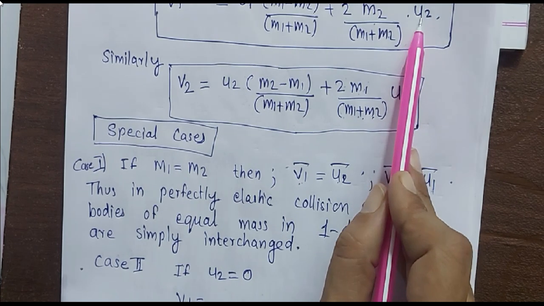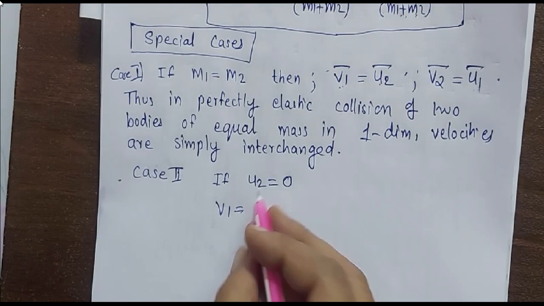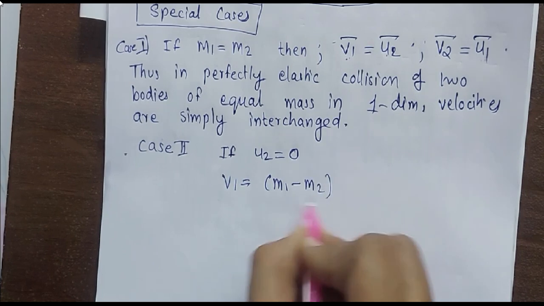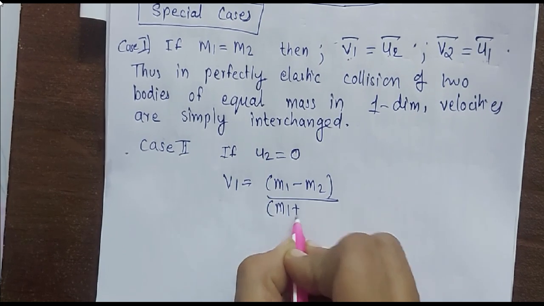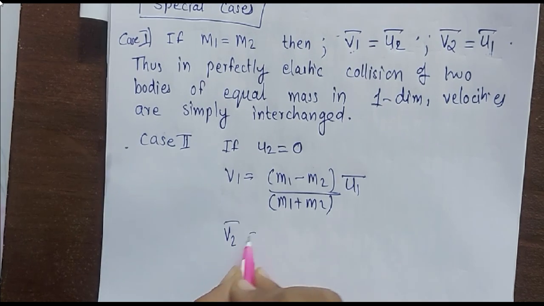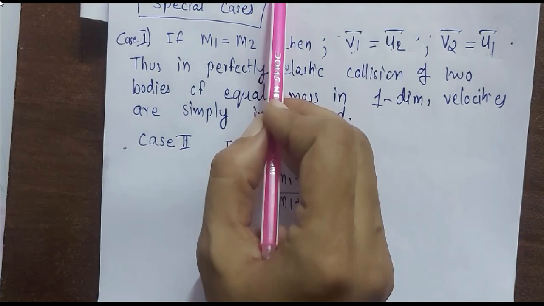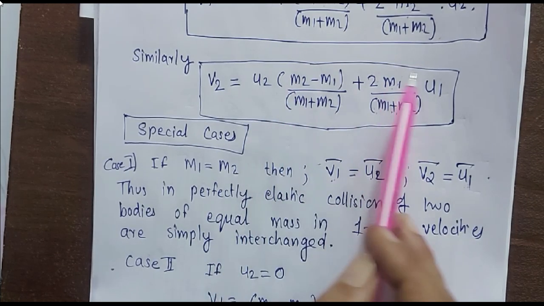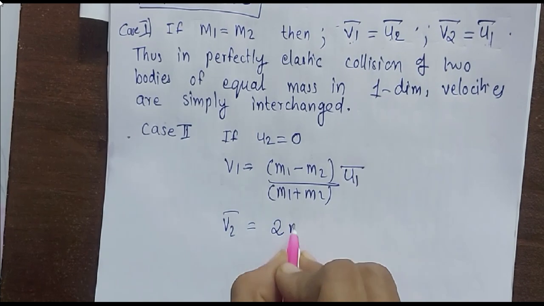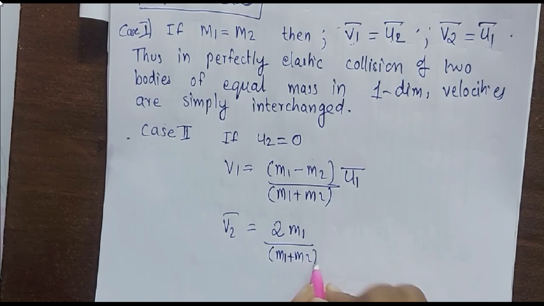Put u2 is equal to 0 in these two equations, so we are remaining with v1 bar is equal to (m1 - m2) upon (m1 + m2) u1 bar, and v2 bar is equal to 2 times m1 upon (m1 + m2) u1 bar, since u2 becomes 0.